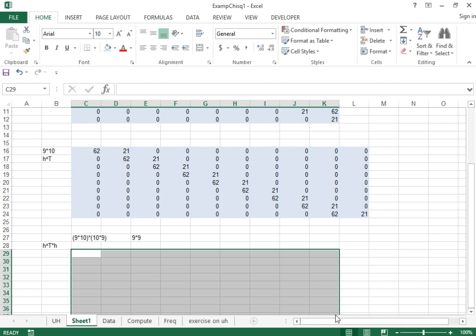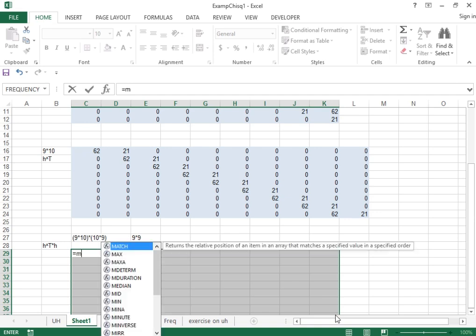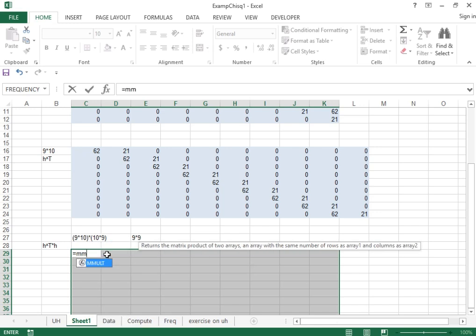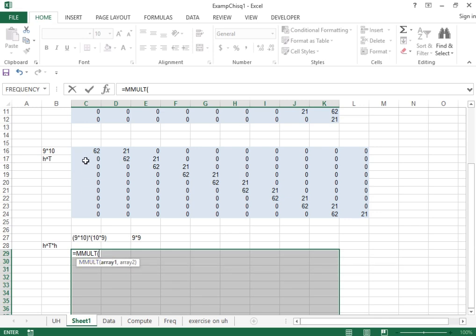After you select it, just say equal. We are multiplying H transpose times H, the transpose value times the original value. So we are multiplying a matrix, so you can say MMULT. Because we are working on a matrix, double click on it and select this one.